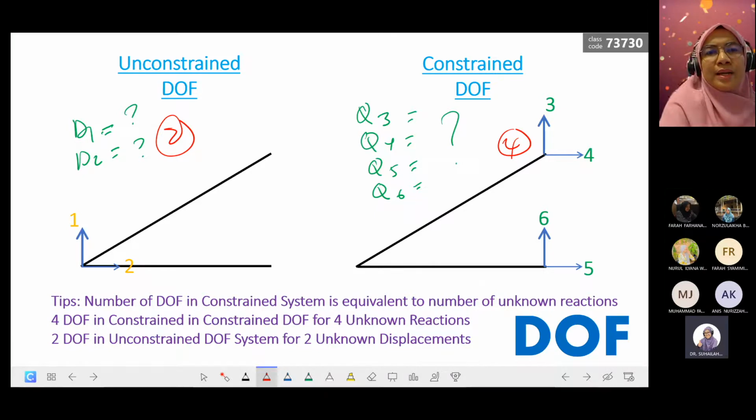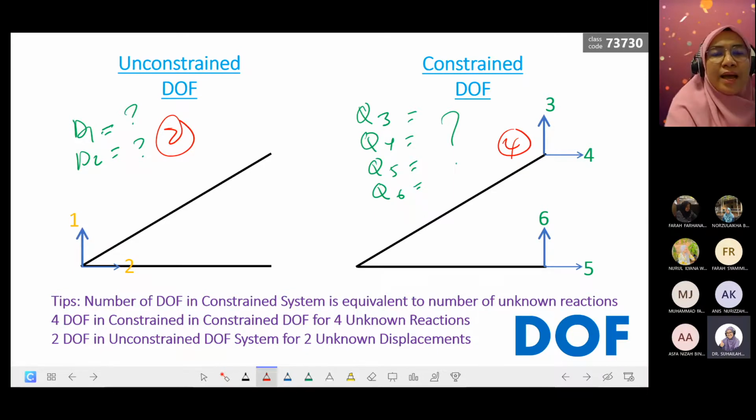How to label? Labeling starts from unconstrained because these unknown displacements we will get first. Then only can we determine Q. So we will label D1 and D2. 2 means there are 2 unknown displacements, starting with D1 and D2.